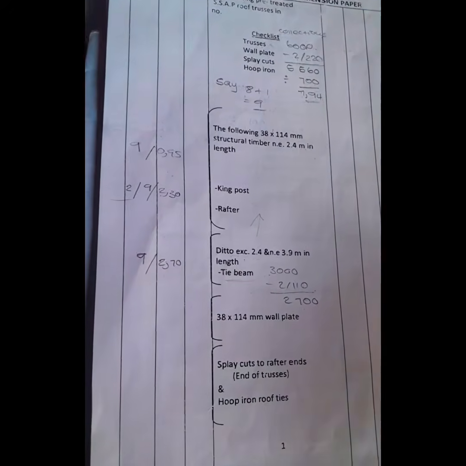You multiply it by the number of roof trusses, which is 9, and just like that we are done with the tie beam, right? So now we're going to the wall plate.